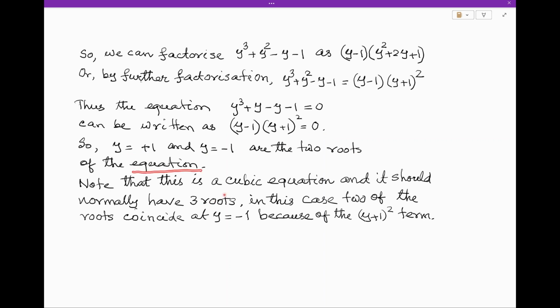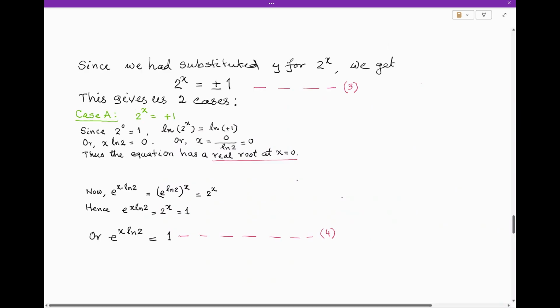Now, this is a cubic equation and it should normally have three roots, but in this case, two of the roots coincide at y equal to minus 1 because of the y plus 1 whole squared term. Since we had substituted y for 2 to the power of x, we get 2 to the power of x, that is y, is equal to plus or minus 1.